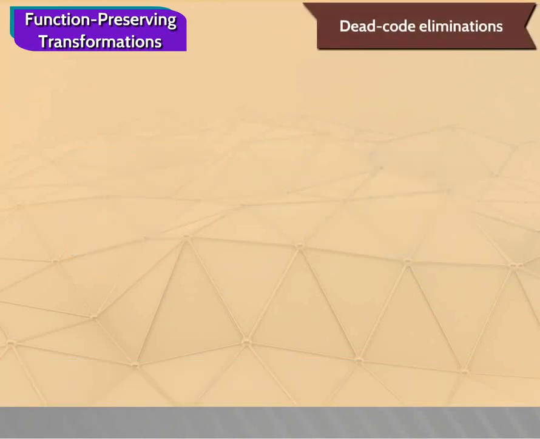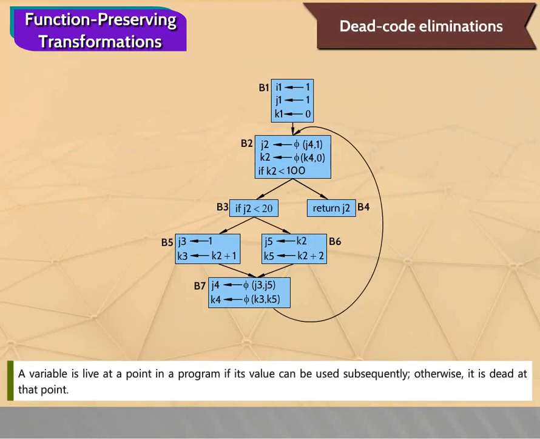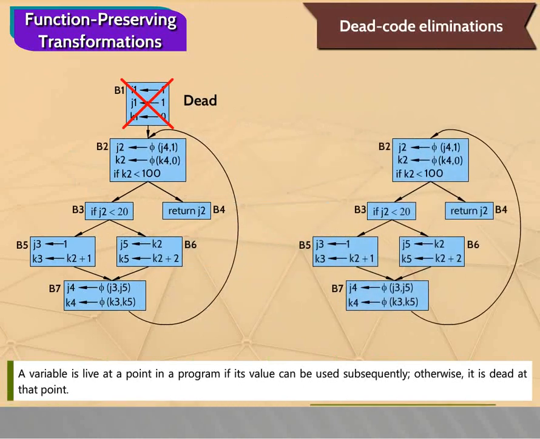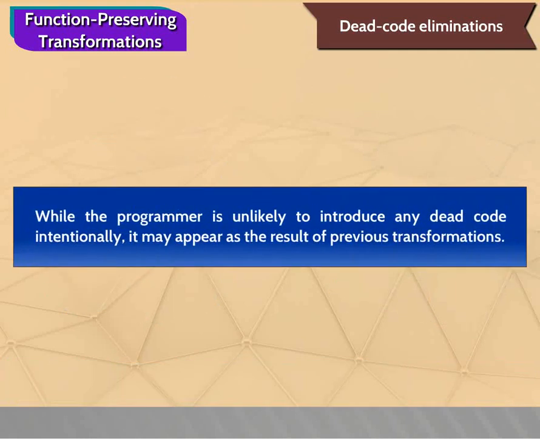Dead code elimination. A variable is live at a point in a program if its value can be used subsequently, otherwise it is dead at that point. While the programmer is unlikely to introduce any dead code intentionally, it may appear as a result of previous transformations.